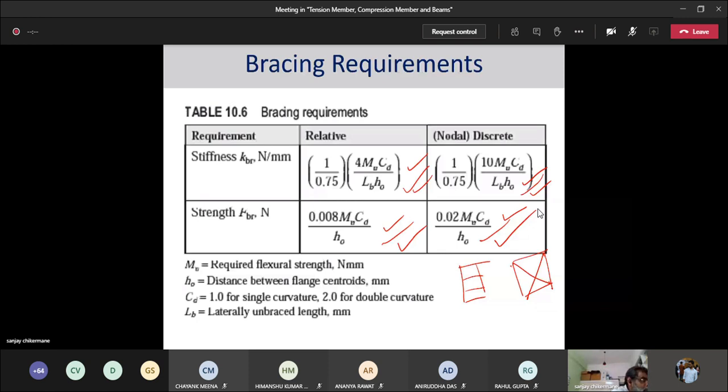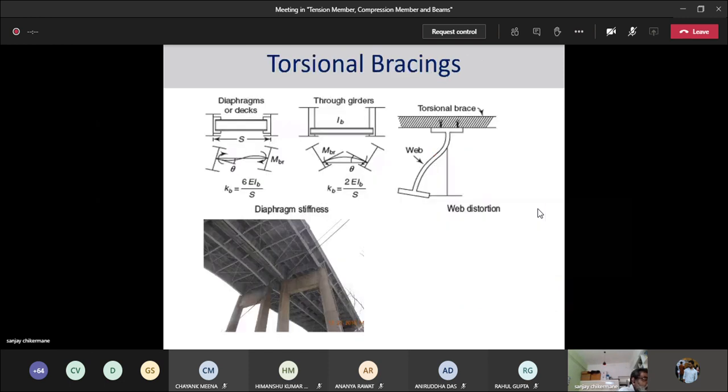Torsional bracings. Now, the diaphragms end up becoming torsional bracing. So basically, if you have some kind of a diaphragm system which is holding your beams together, that ends up generating your torsional brace, which is something like this. If you have a strong diaphragm, you can get a web distortion, which is possible in a torsional bracing system.